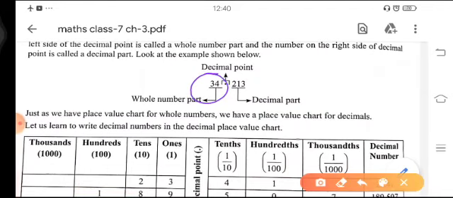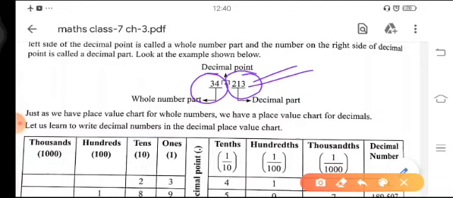The numbers written on the right side of the decimal point are known as the decimal part, and we will read it in broken terms, like 2, 1, 3. We will not read it like 213, because they are decimal parts.